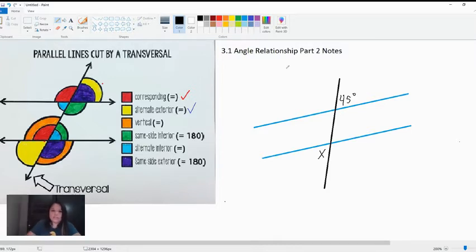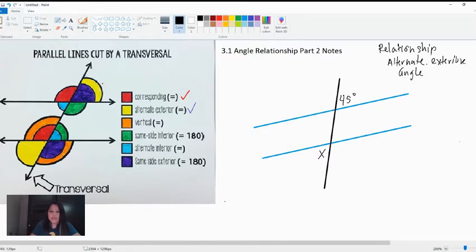So the first thing you want to do, and make sure you write this down, is you have to identify the relationship of these angles before you can solve. So the relationship is alternate exterior angle.